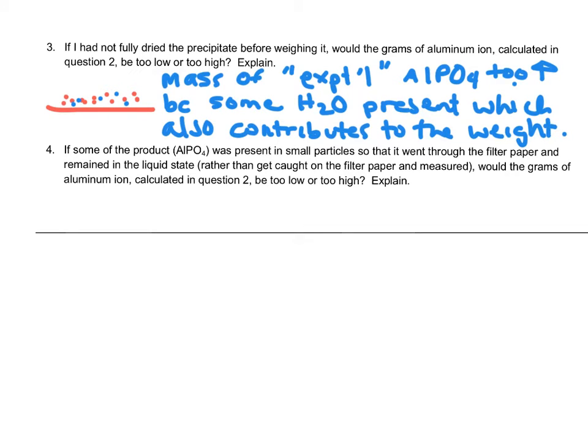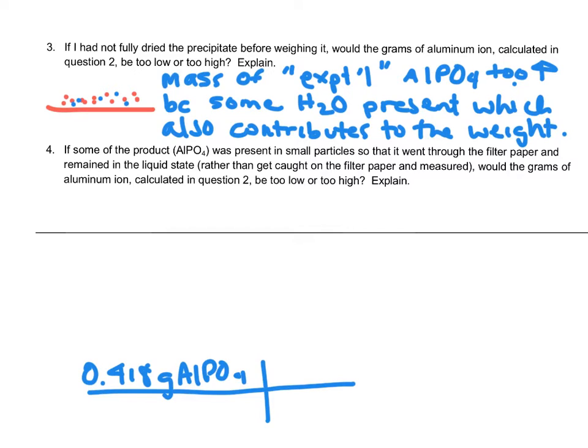Okay, but the question didn't really ask about the aluminum phosphate. It talked about the aluminum ion that was in the solution. So now if I look back to how I did my problem, this was my question too. If you did it differently, look back to how you did your problem. But for mine, I had the 0.418 grams aluminum phosphate. You don't need to rewrite yours because you can see it, but I can't on mine. Then I had grams of aluminum ion in the numerator, grams of aluminum phosphate in the denominator, working to grams of aluminum ion.